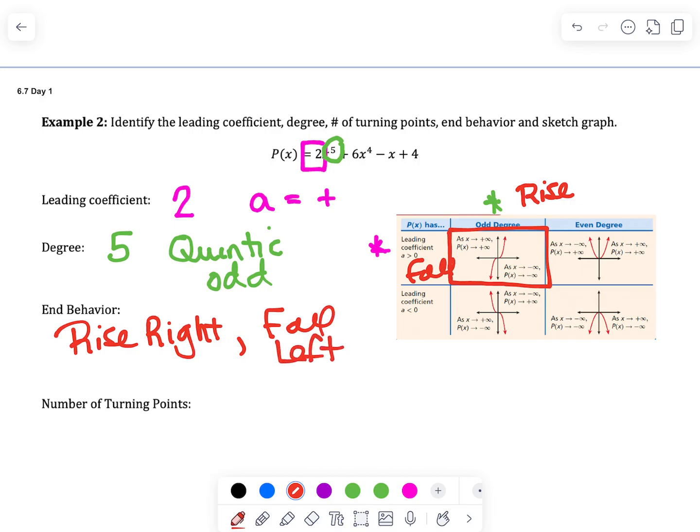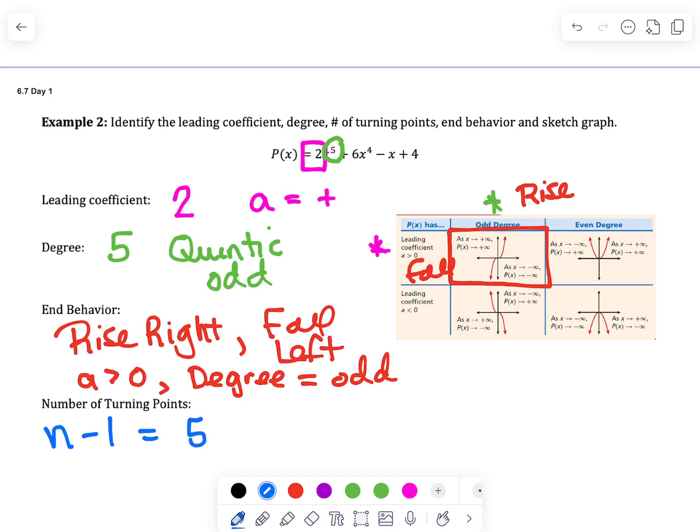And that's because our leading coefficient is greater than 0 and our degree is odd. Then we want to identify the number of turning points, n minus 1. So n represents the degree, so it's 5, minus 1 is 4, so we have 4 turning points.